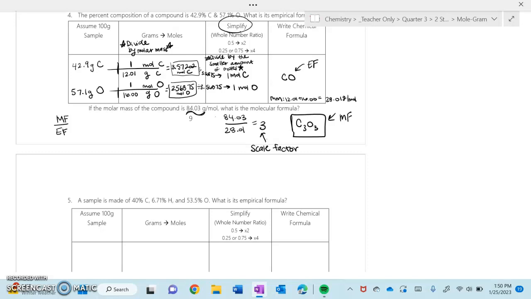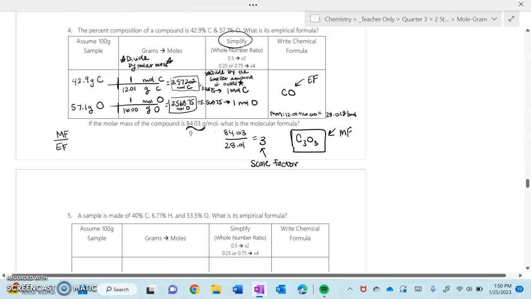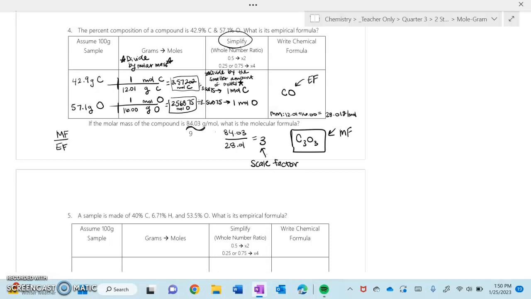I know that was a lot of steps. Let me recap what we did before we do it again. You're going to change your percentage into grams and then divide by molar mass to get the mole ratio. Then you are going to try to simplify it. The first step is to divide by the smaller amount of moles.